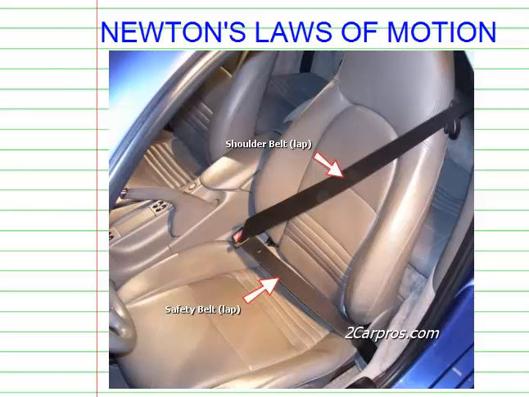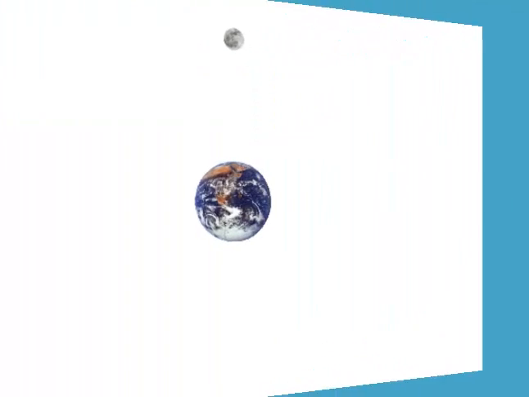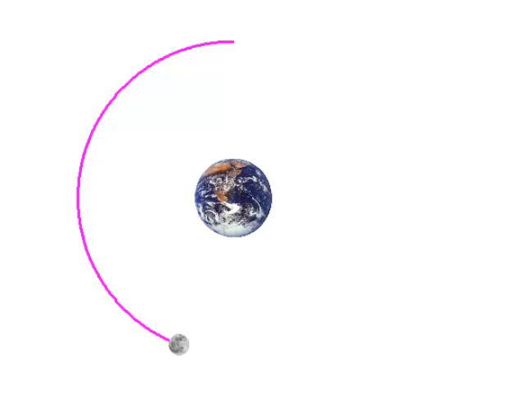Let's look at a third application. This application involves movement of planets around the sun, or the movement of a celestial body such as the moon around the earth, or even the movement of a planet around the earth. Planets continuously change direction as they revolve around the sun.